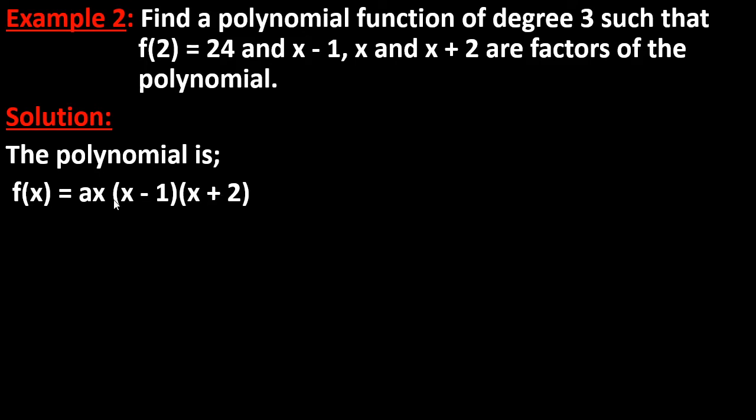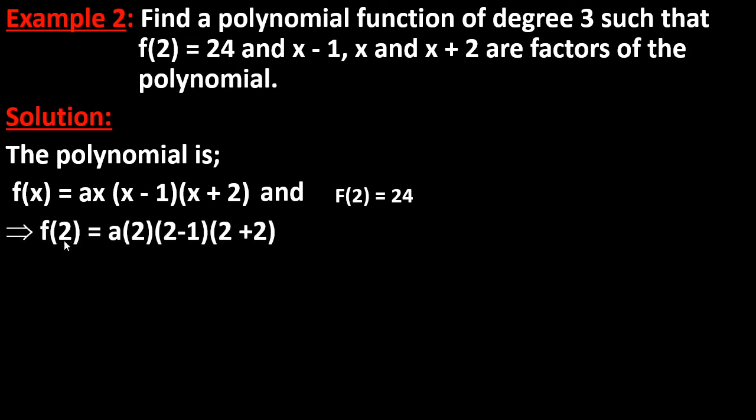But when we evaluate this polynomial function at the real number 2, it's not going to give us exactly 24. So we need to put an unknown coefficient a here, and we're going to find the value of a. Then we will have the degree 3 polynomial. So let's find f(2). We are given that f(2) is 24. f(2) is equal to a times 2 times (2 minus 1) times (2 plus 2).